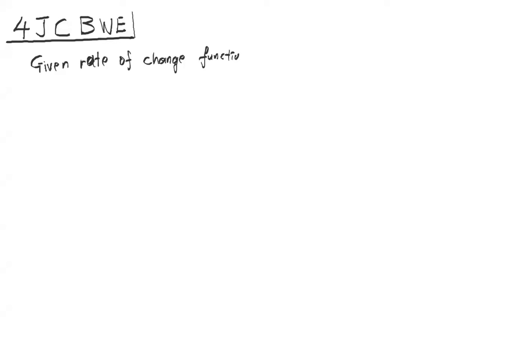Like they give you dr over dt, where R is a certain thing. They give you the rate of change function, then after that they may ask you to find the R function.